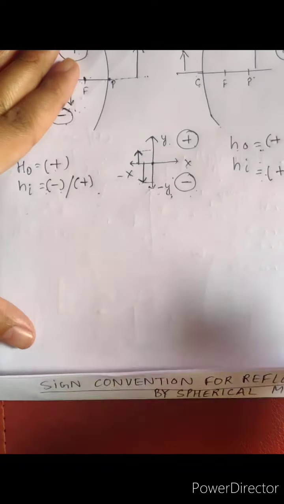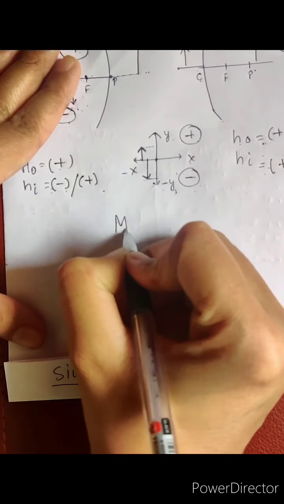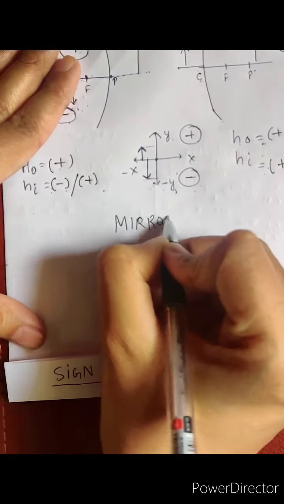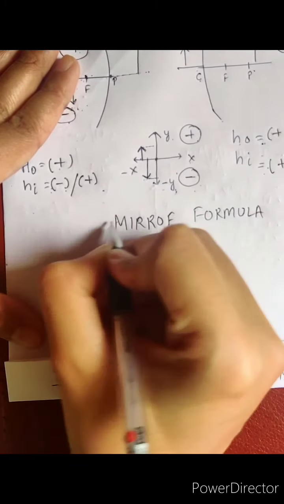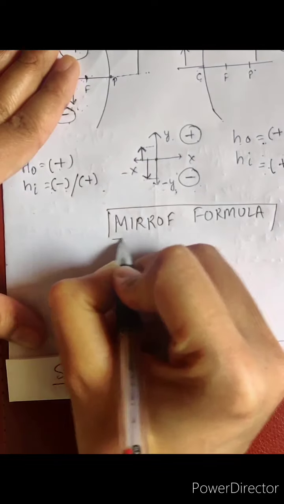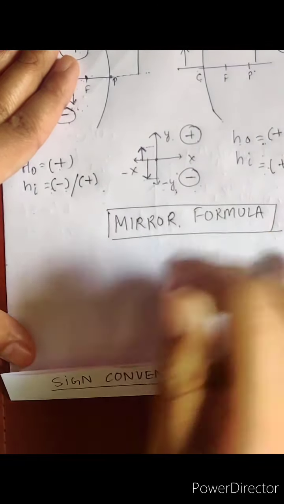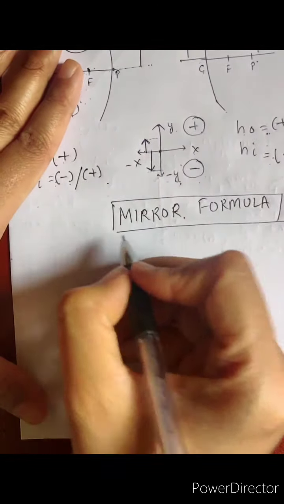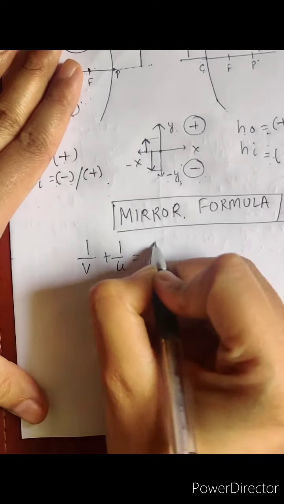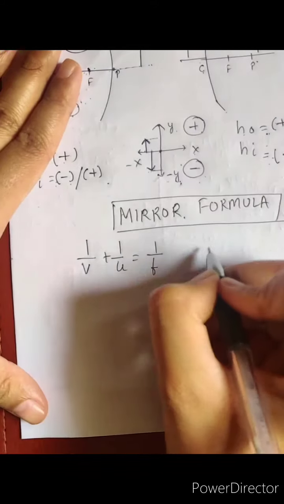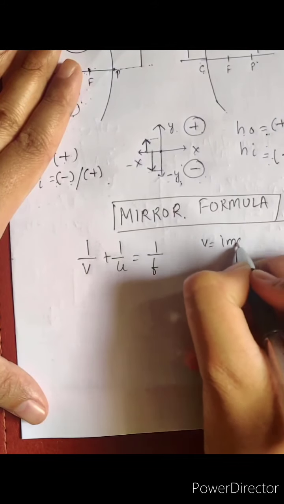Now moving on to the next part of the chapter, that is the mirror formula. So the mirror formula is 1 upon V plus 1 upon U is equal to 1 upon F. V is image distance.